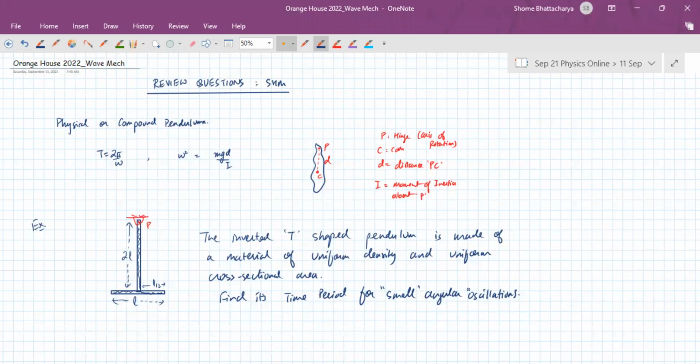So we just have to apply the above formula, but in that we have to substitute the distance d of the center of mass and I, the moment of inertia about the point P. So just try this out. First thing, try to locate the center of mass with respect to the point P. And secondly, try to write the moment of inertia about the axis at P for this rigid body.